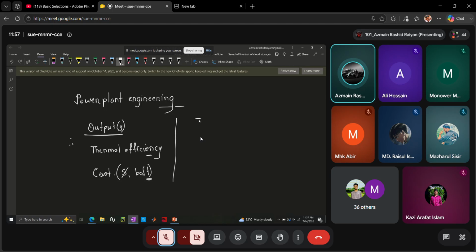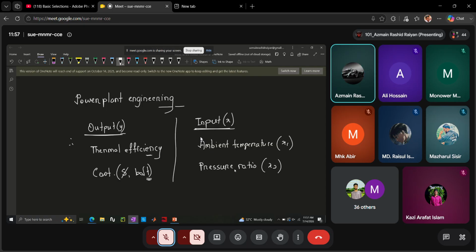In case of input parameters, for regression modeling, always remember the input parameters will be written as X and the output parameters will be written as Y. My input parameters can be anything. Let's say the ambient temperature, let's write it as X1. Then it can be pressure ratio, which can be written as X2.